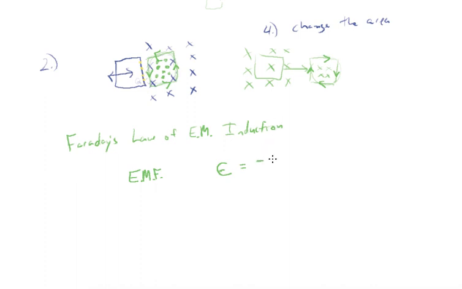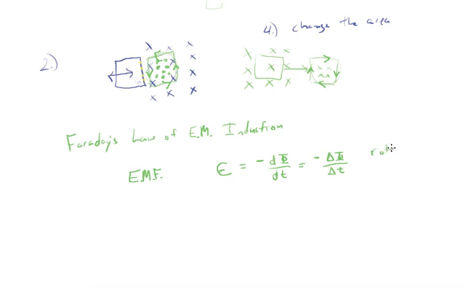It hates the change in flux. And for something instantaneous, it's a derivative of flux with respect to time. For the non-calculus version, we can approximate this by negative change in flux per time. So essentially the EMF is the rate of change of flux.